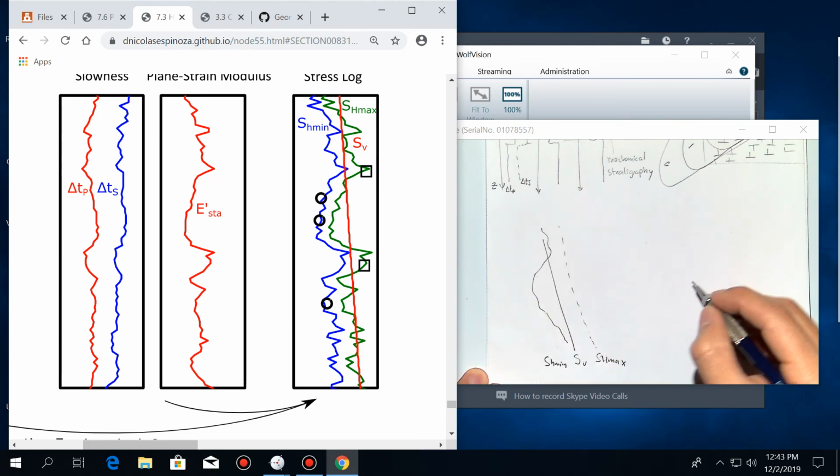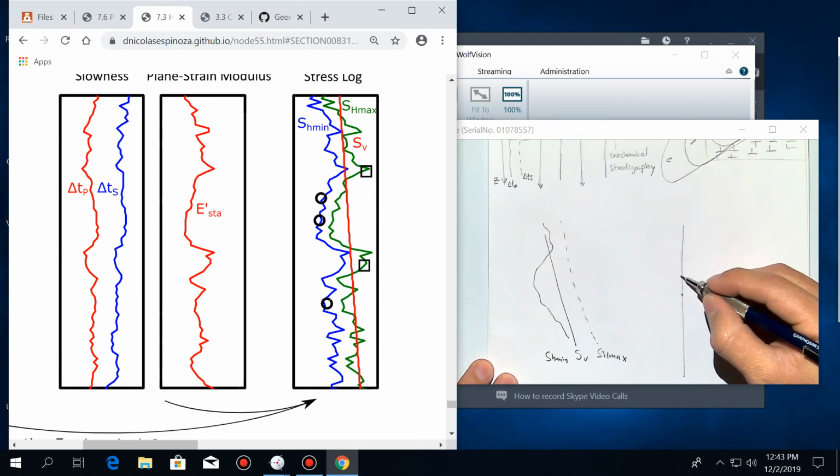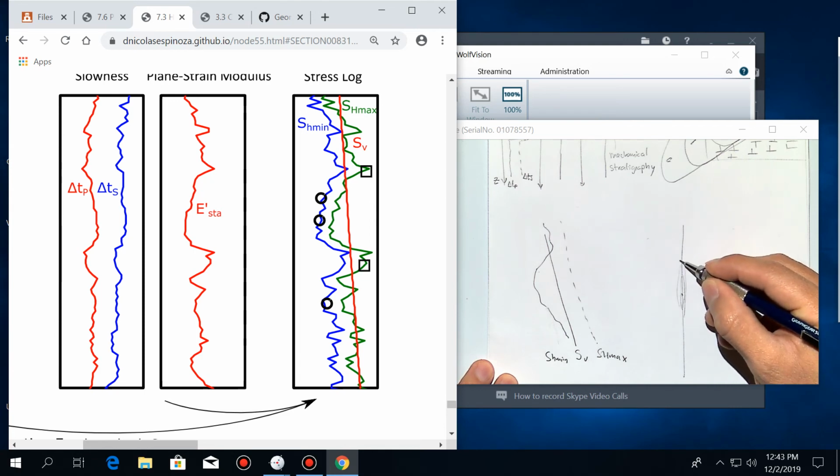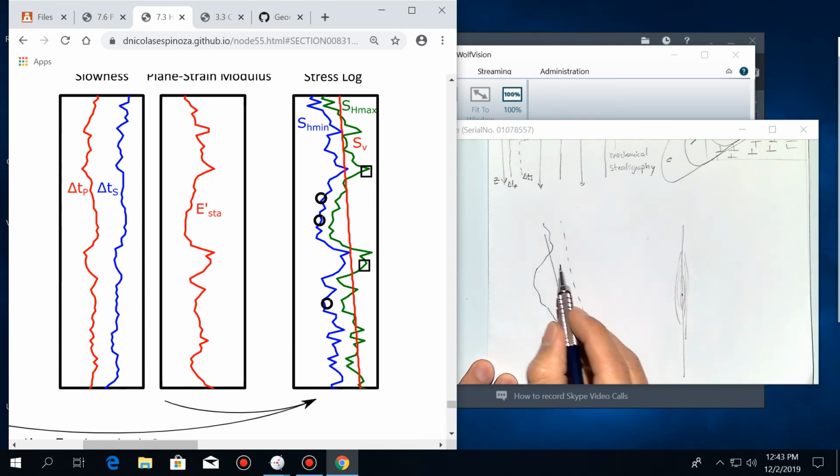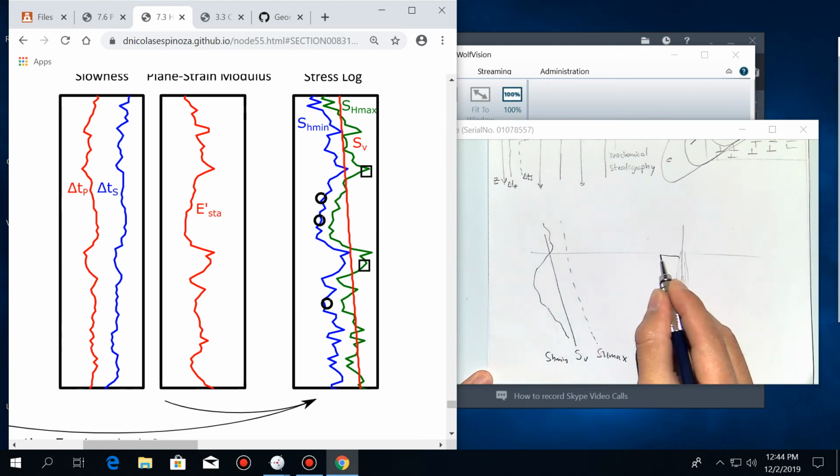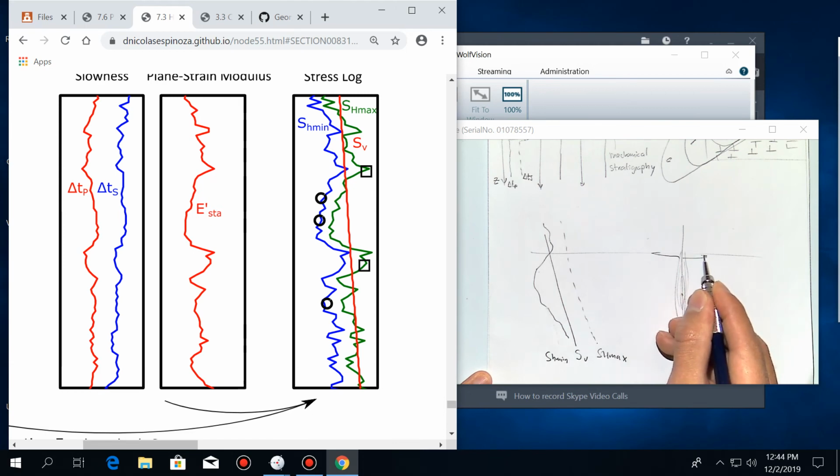So let's say that we start the fracture there. So this one will grow, will grow, will grow, and then when it finds this point, if it continues growing, the fracture will turn and start opening vertically. Yes, and it will do something like this.